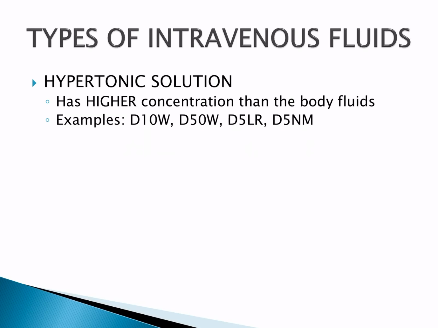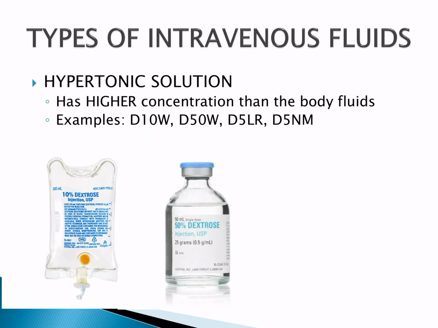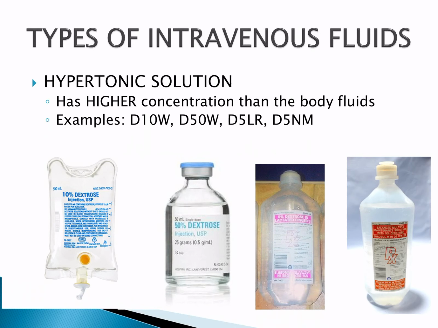Examples, D10 water. This is your D10 water. We have also your D50 water, this one. D5LR, the pink one. And we have your D5NM. These are examples of your hypertonic solutions. So you have to familiarize with those solutions.